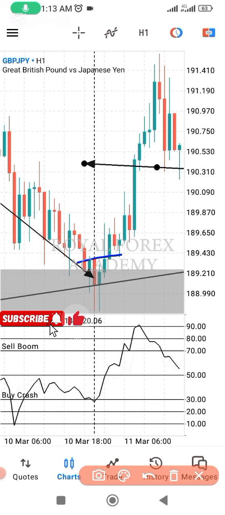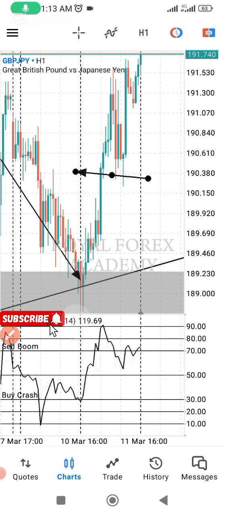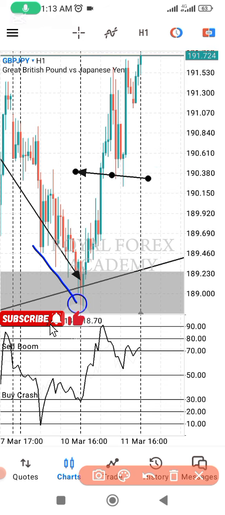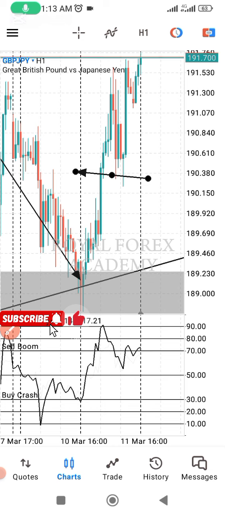So here we have our buy, and here we have our stop loss, and to this there is a double confirmation. If you look at it, we are having a divergence. So this is a divergence, and we say whenever we are having a divergence, it shows to us that we are at the end of that particular pullback. So this is how beautifully you can take advantage of this.